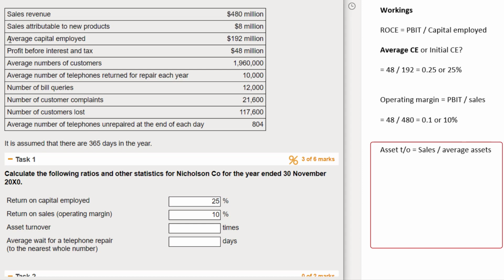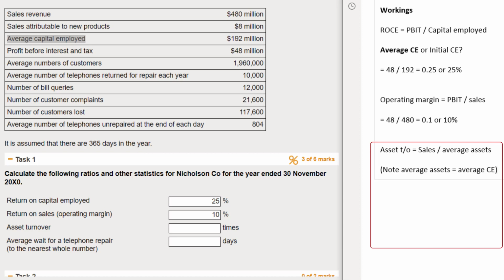Average capital employed is the same as average assets because capital employed is the equity of the business plus the long-term debt of the business. And therefore, that's the same. It's the other half of the balance sheet. Average assets is the same as capital employed.